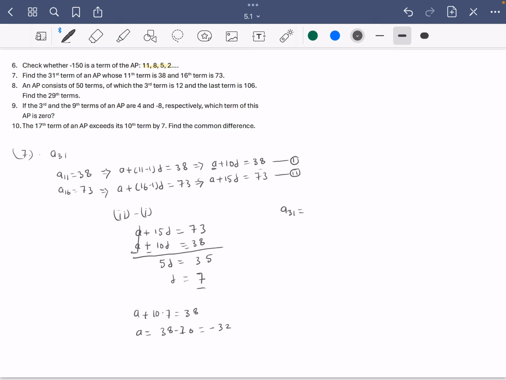It's going to be a, that is negative 32, plus n minus 1, that's 31 minus 1, times d, which is 7. Negative 32 plus 30 times 7, negative 32 plus 210. This is going to be 178. So the 31st term is 178.